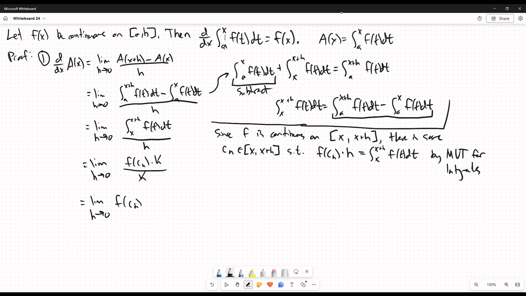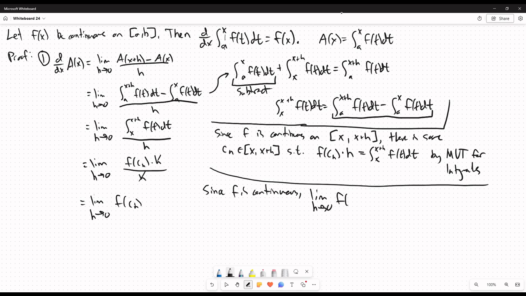And now we're in the home stretch, but we have a couple properties of limits that we need to use to finalize this. One thing we know is since f is continuous, the limit as h goes to 0 of f of c_h is the same as f of the limit as h goes to 0 of c_h.